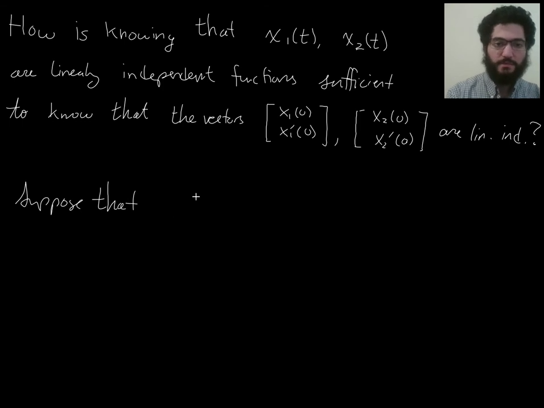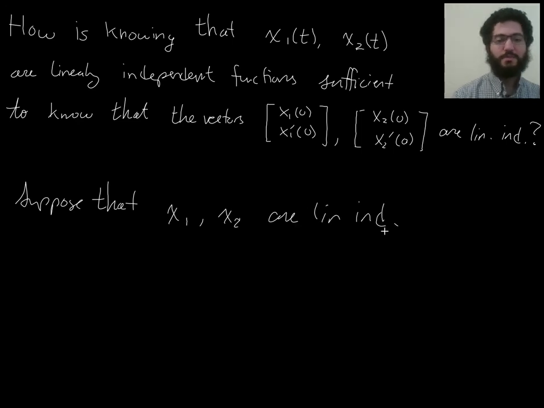that the functions are linearly independent. So suppose x1 and x2 of t as functions are linearly independent. Then our goal is to justify or explain why these column vectors are linearly independent. So that means we want to establish that if you take any linear combination of these column vectors and get 0, then the coefficients that you used must have been 0.